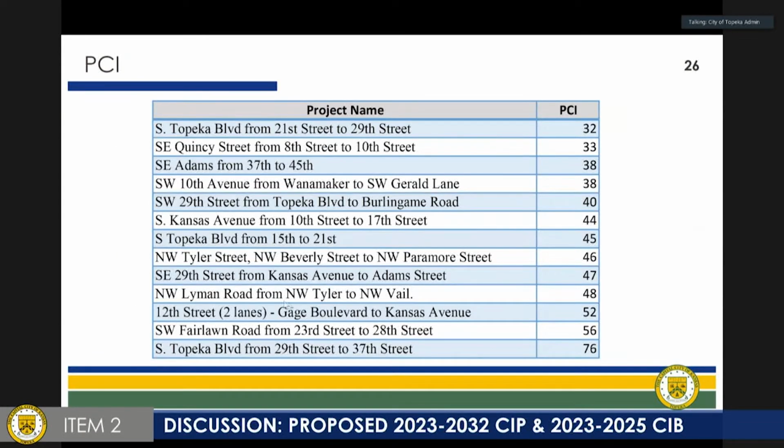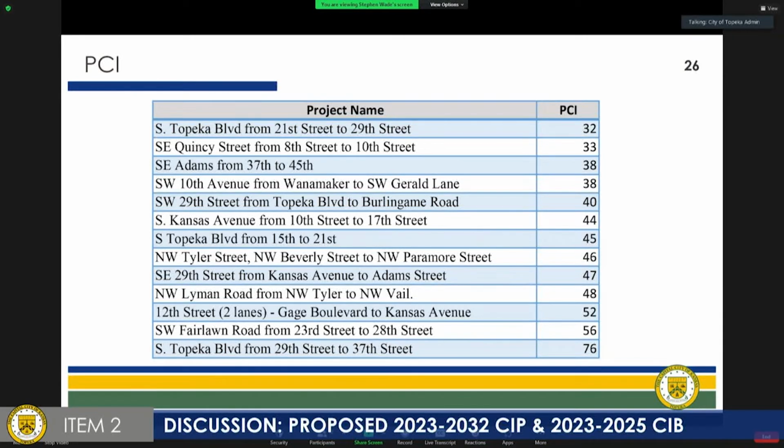So when we look at projects for this year on your screen, this one is not in your book, so this is on your screen only. You'll see PCI scoring ranging from 32, which is poor, to 76, which I think is scoring out at satisfactory.